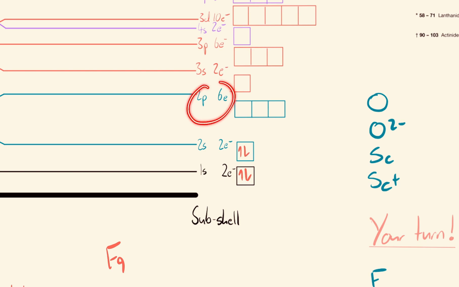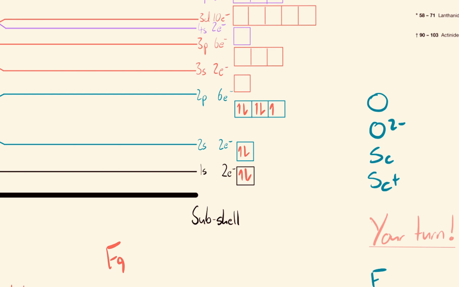Next, 2p. Notice here, I'm going to go to the next box. The next box will fill up first because electrons are ideally by themselves. So I've got 1, 2, 3, 4, 5, 6, 7 electrons, so our final 2 will go in the next 2 boxes.